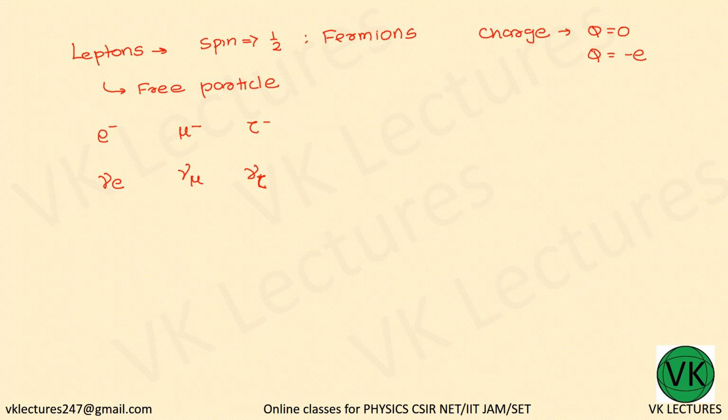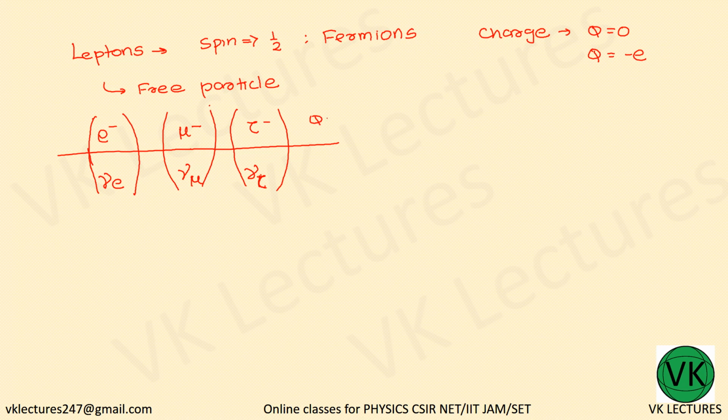Again we can classify them. These exist in 3 generations or 3 groups, and the first part of the leptons, that is electron, muon and tau, has the charge q equal to minus e, and neutrinos, as you know, are chargeless particles with q equal to 0.